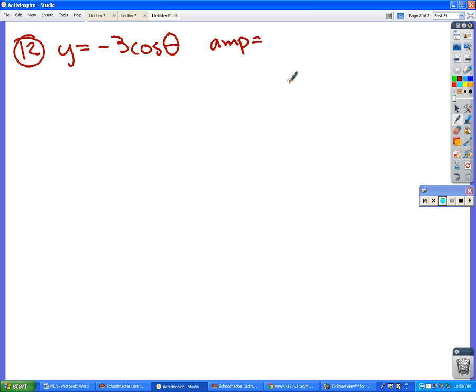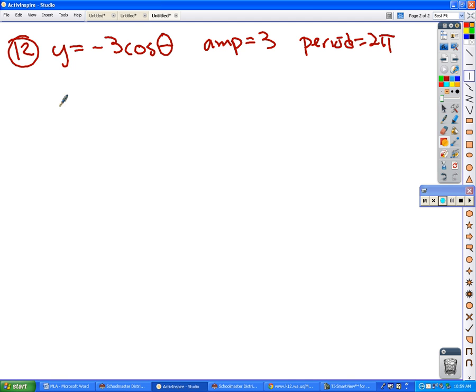The amplitude is never negative. It's 3. And what's the period? 2 pi. Because in this case, b is 1, because there's a 1 in front of the theta, and 2 pi divided by 1 is just plain old 2 pi. So same deal as before.